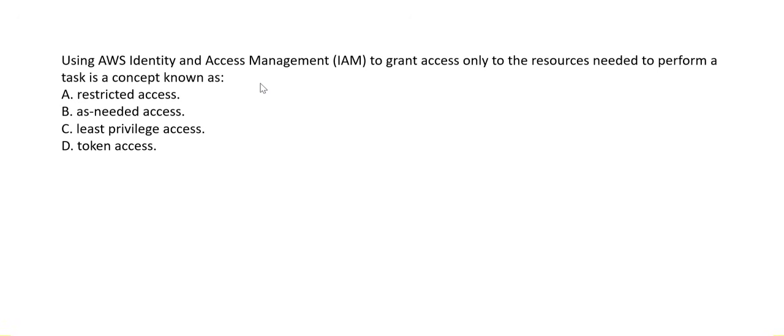If somebody just needs read access to one database, just provide them access to that one database. Don't provide them read and write both. So this concept is known as least privilege access.